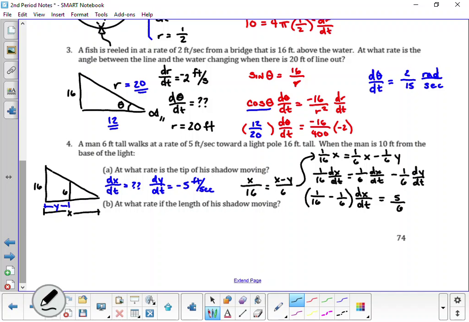Can somebody solve that for me? Oh, you make it 6x equals 16x minus 16y.